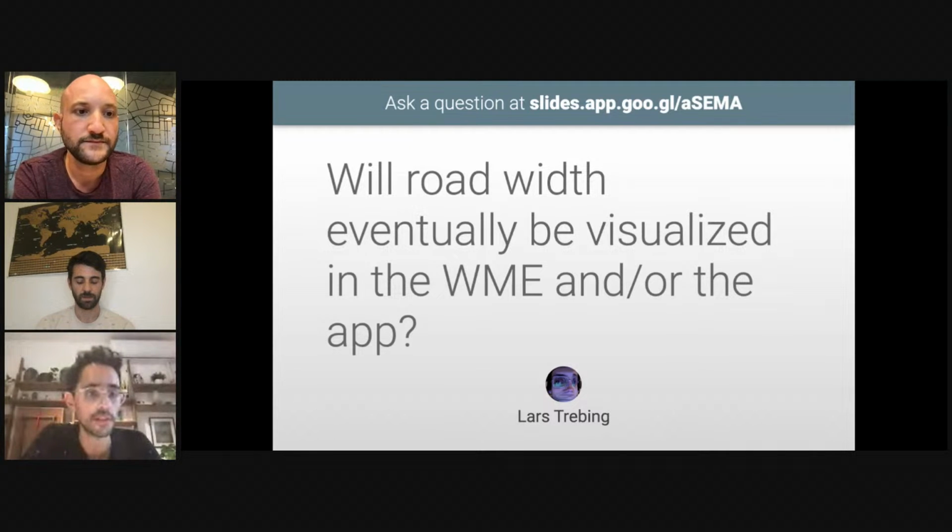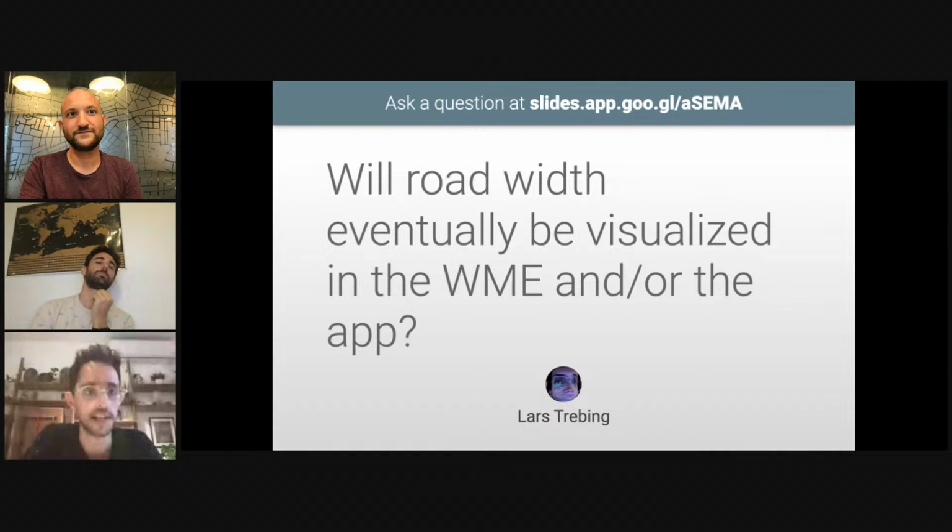So this question is directly referring to that project, and we are participating with other developers on the question of how to visualize the lanes and the road. So we don't have a solution yet, but we are working on it, and it's in our plans.